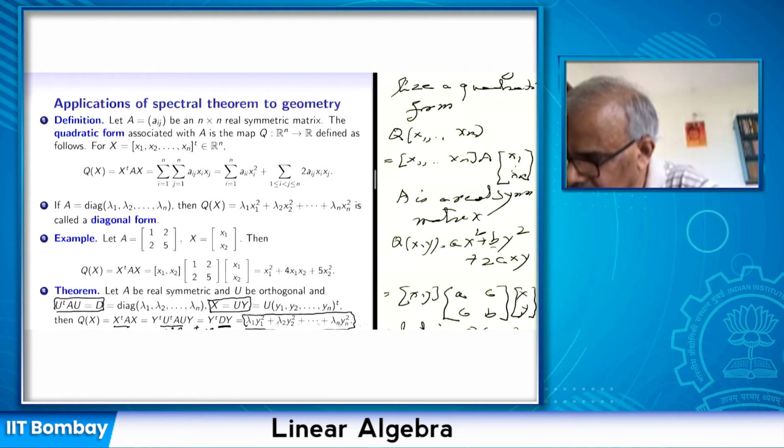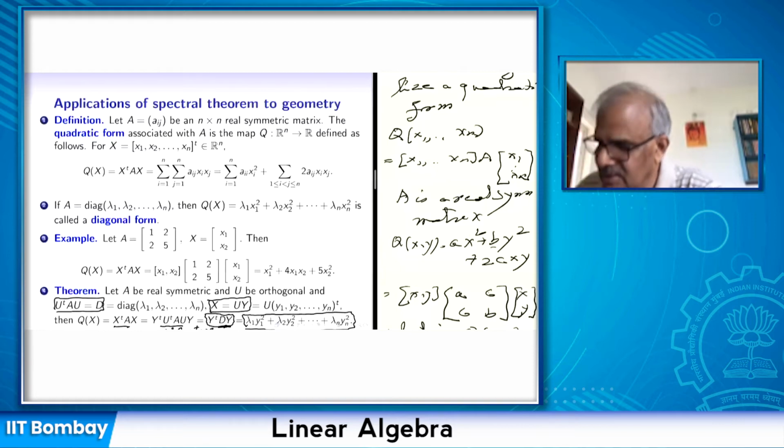This is the quadratic form in the y coordinates, induced by the diagonal matrix, and therefore this is the diagonal form in y coordinates.